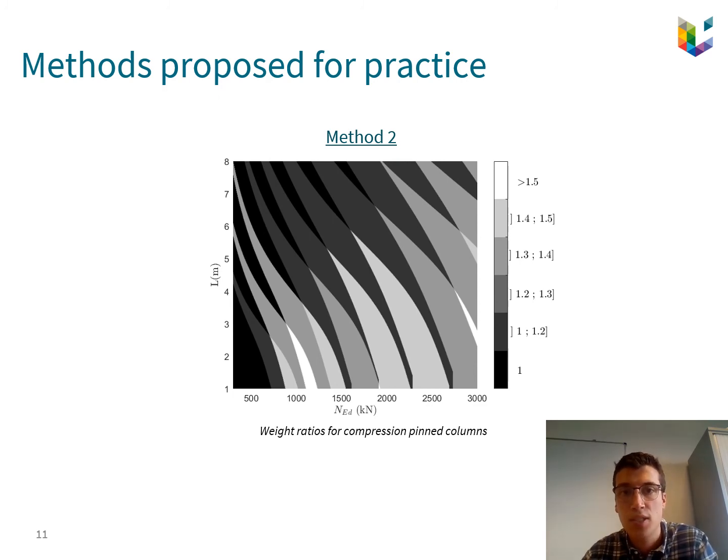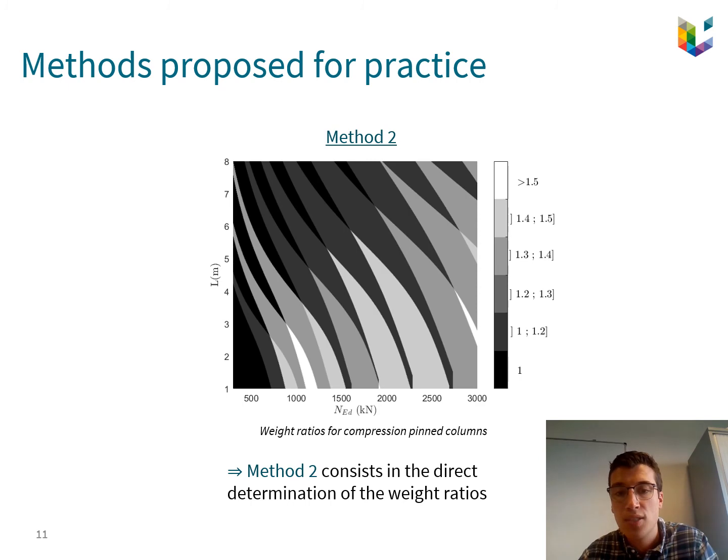However, this chart is particularly useful in order to quantify the impact of a change in the relative cost of the high-strength steel. So method 2 consists in the direct determination of the weight ratio, by contrast with the first method, which gives directly the optimum profile.